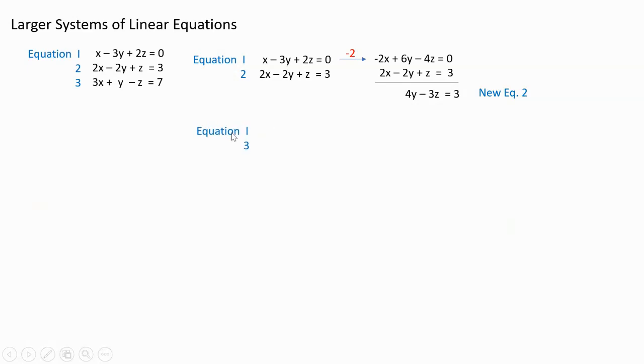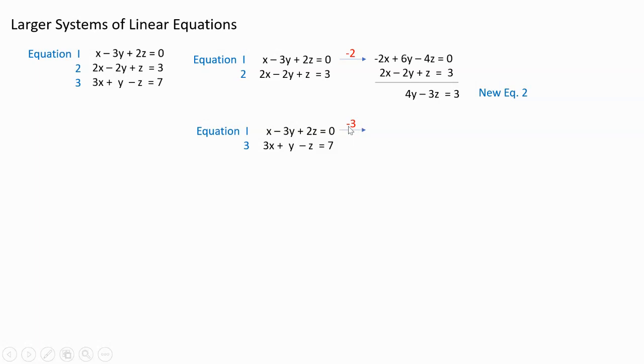Now, I take equations 1 and 3 and also get rid of the x's. So I'm going to multiply equation 1 by negative 3. This is the reason why you always want to have something with 1x in equation 1, because it'll be easier to do the math.